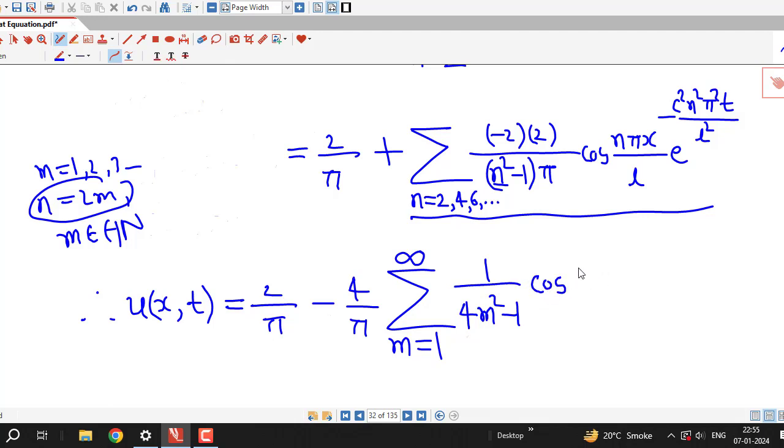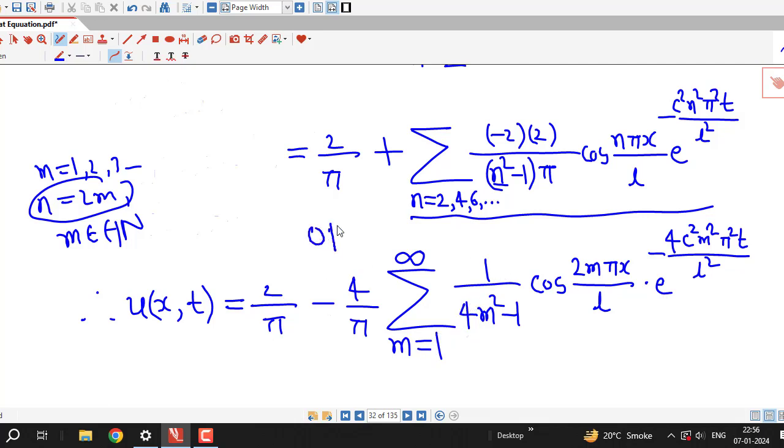Here I will write n equal to 2m, so cos 2m pi x divided by l, and into e to the power minus, here also I will have n equal to 2m, and square of 2m is 4m square. So this n square is replaced by 4m square. So I am writing 4c square m square pi square t divided by l square. m takes the values from 1 to infinity.